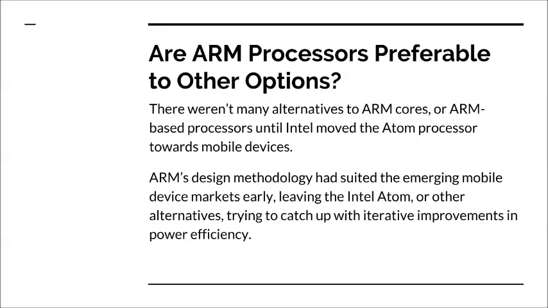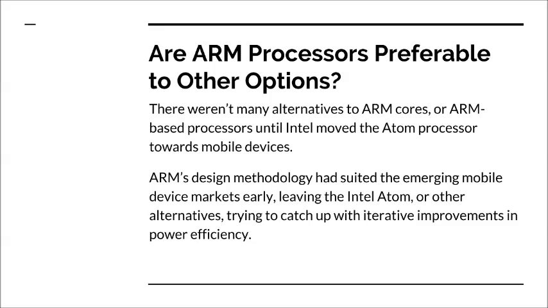They had them in laptops, and they weren't the most power efficient, but beyond that, they hadn't focused on moving them down to a level of power efficiency that could make it viable for a phone or some other handheld device.